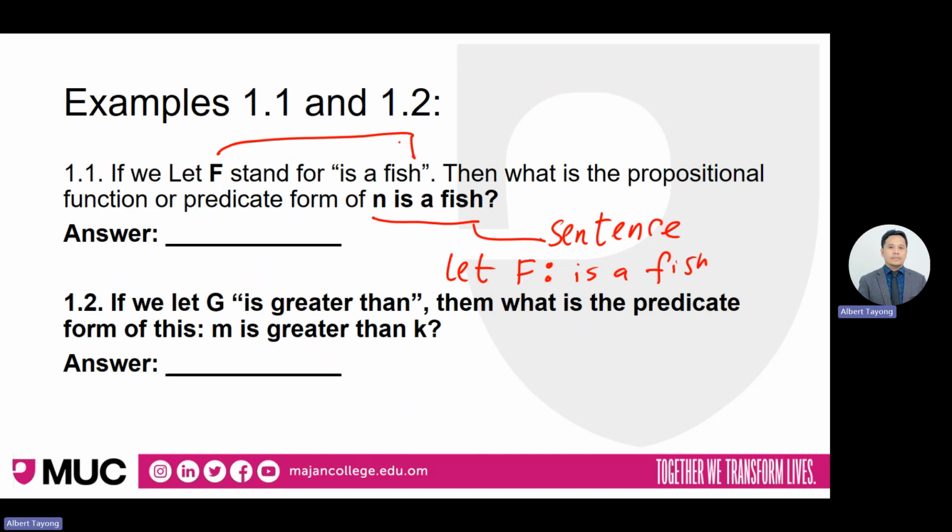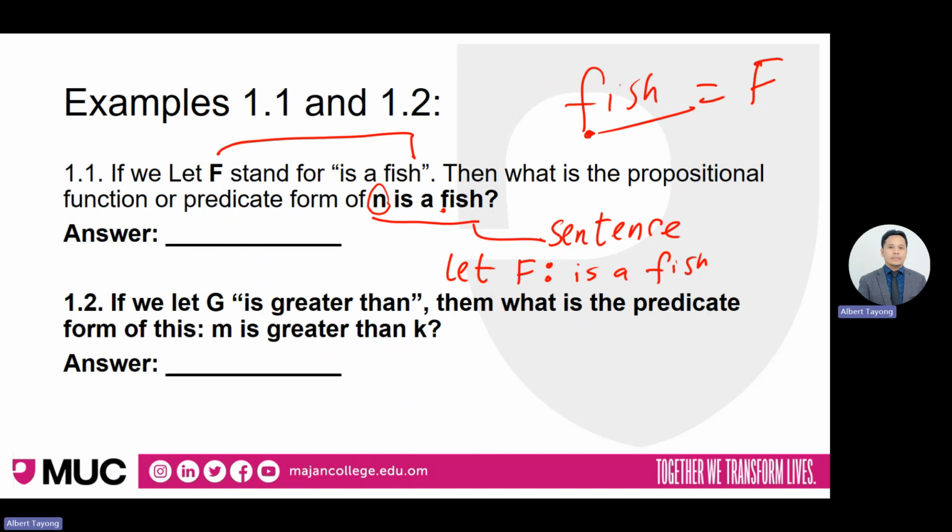Okay, it could be any letter, but it's easier to use the first letter. So "is a fish" actually describes our subject N. N is our subject, which we don't know. It could be any fish. Okay, so N there is our variable, predicate variable.